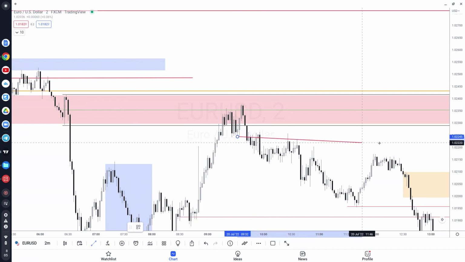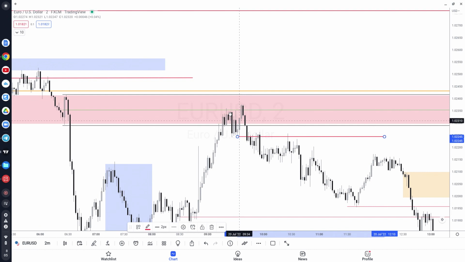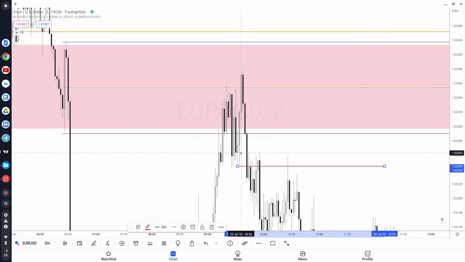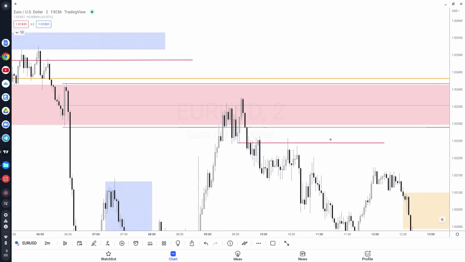So here's the order block that gets printed, and there's a sweep, market structural shift, and then here's a fair value gap right here. And maybe you get filled there, maybe you don't. But I like to place my entries right where the fair value gap begins. But anyways, this would be what we would deem an order block.